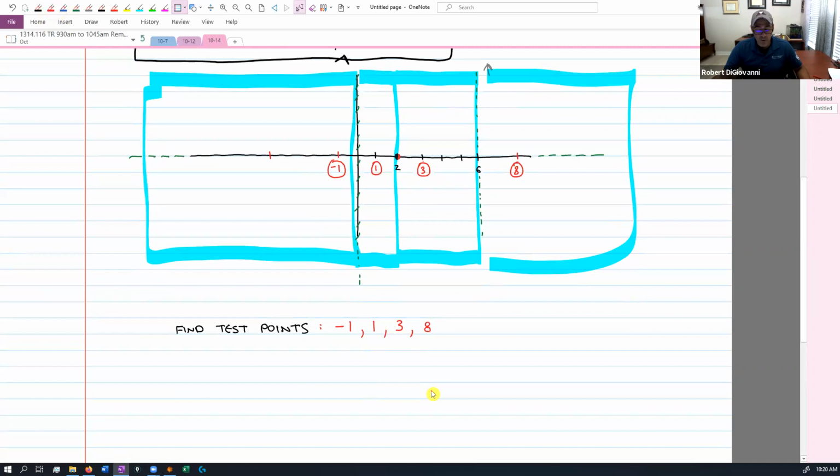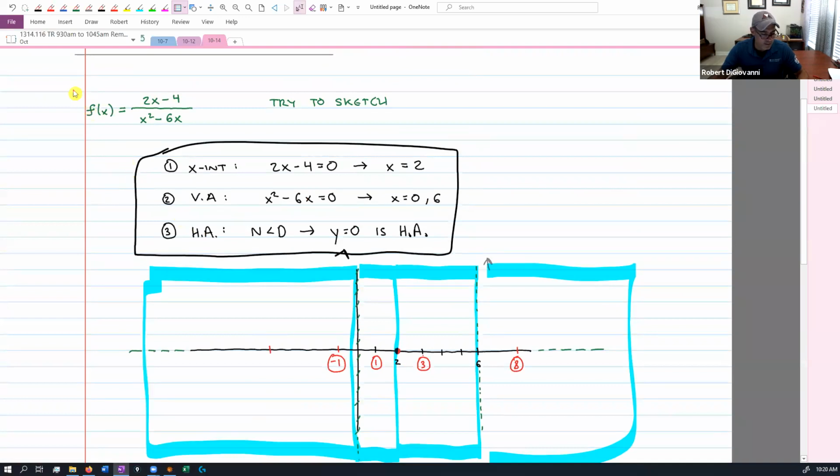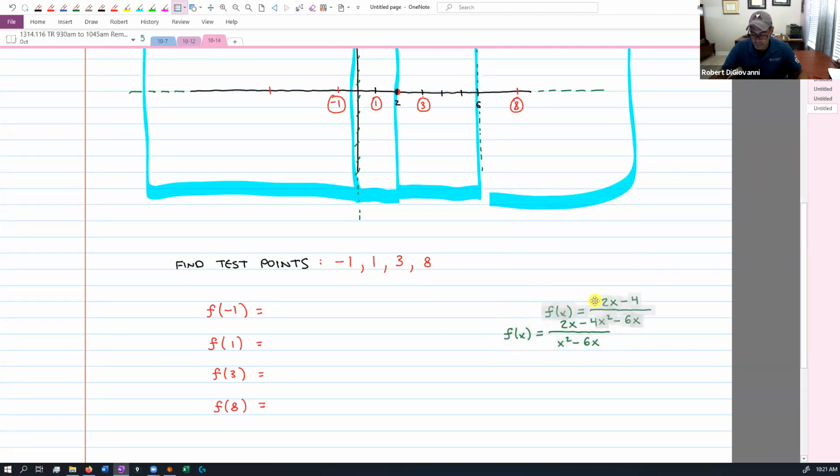All right, so now what do we do with these test points? We are going to take our original function and we are going to evaluate the function at those test points. The original function, if you have forgotten, is right here. Okay, so now I'm going to plug in.